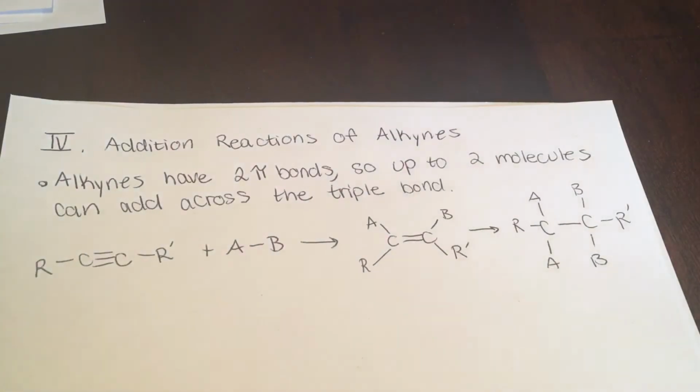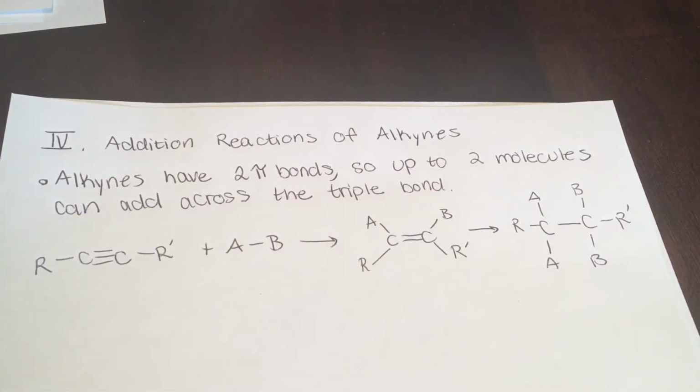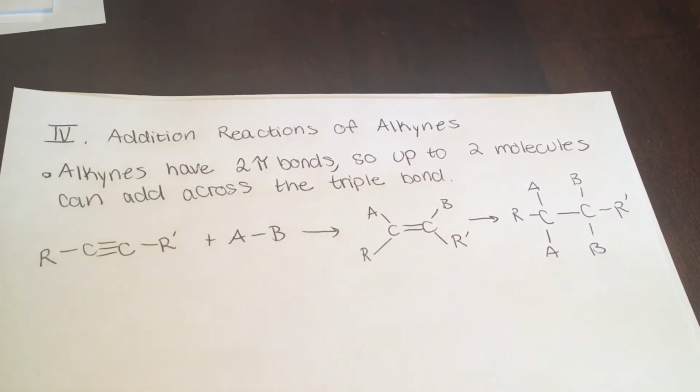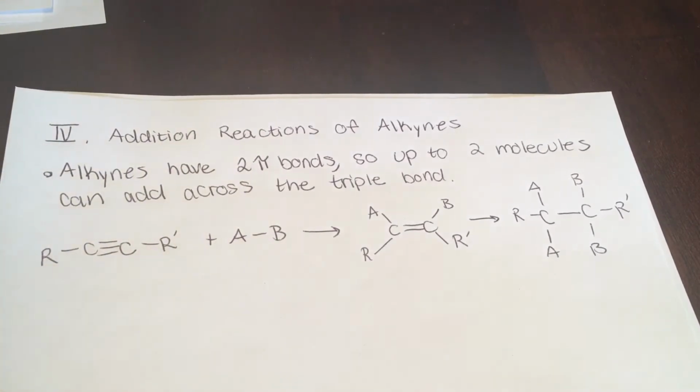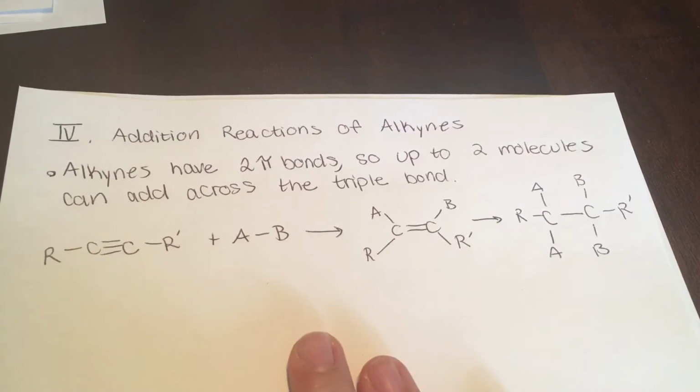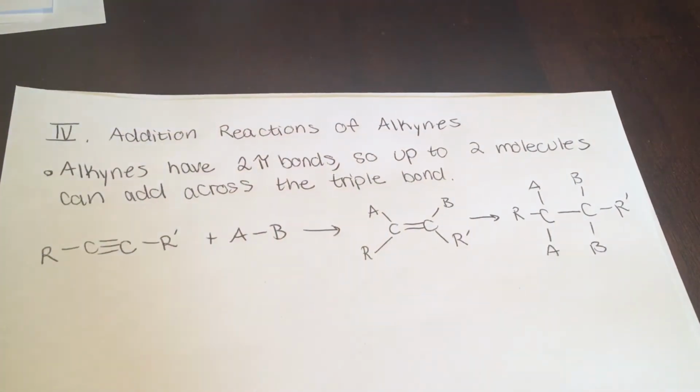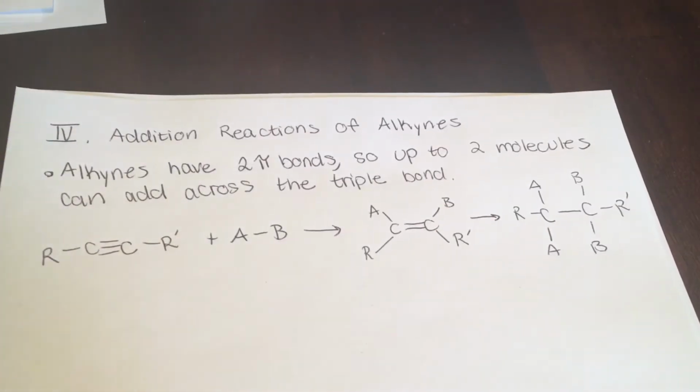In chapter 8 we used HBr, HCl. We used H2. We used lots of different reagents to add across a double bond. And so now we're going to start to go through some of those reactions and how they would apply to triple bonds. A lot of them are the same, and you just have to do it twice.